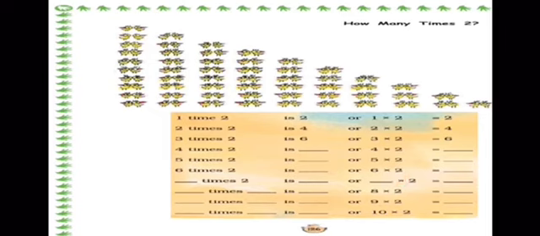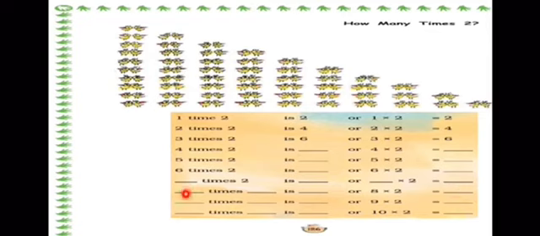Now here it's given dash times 2 is dash, or dash multiplied by 2 is dash. So let's follow the same pattern like 1, 2, 3, 4, 5 and 6. So here we'll write 7 times 2 is 14, or 7 2s are 14.